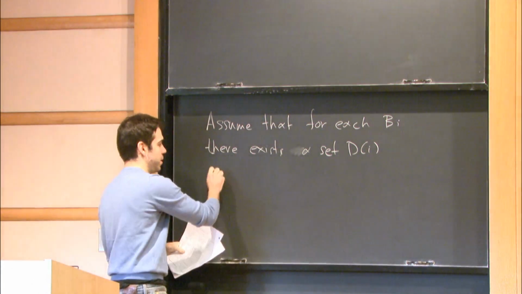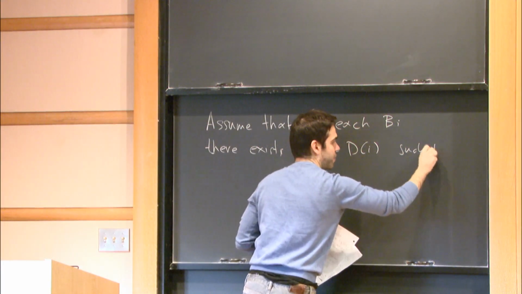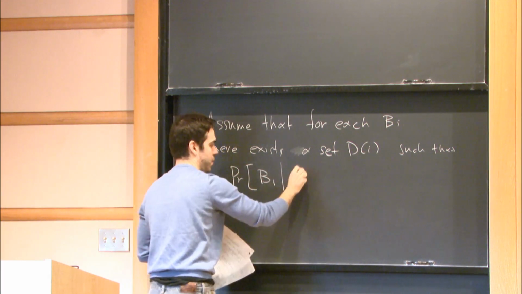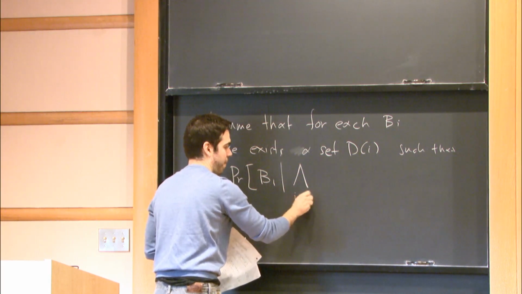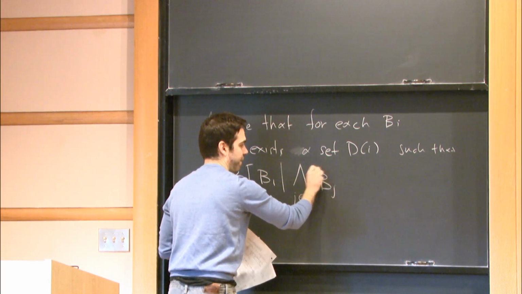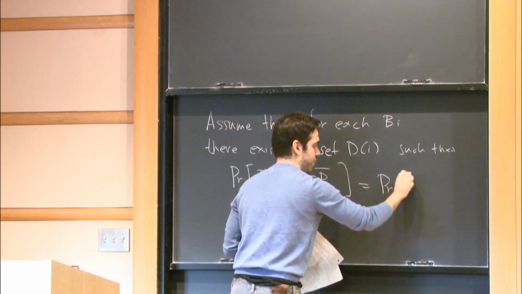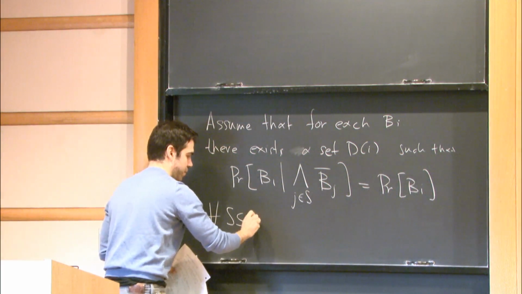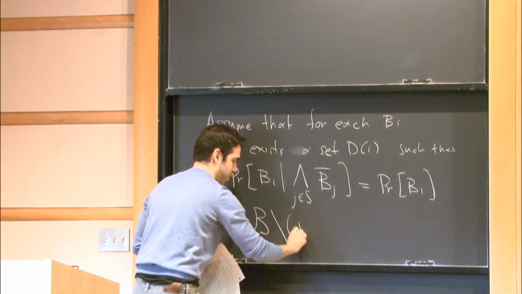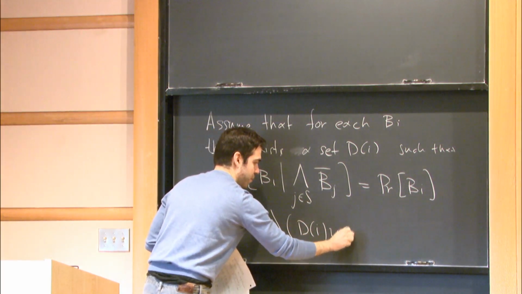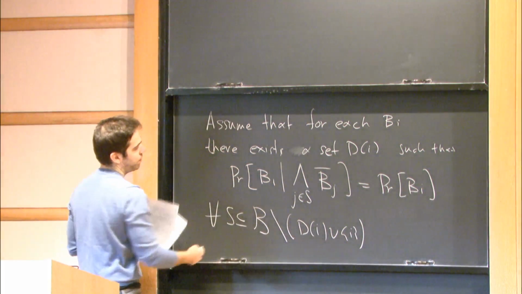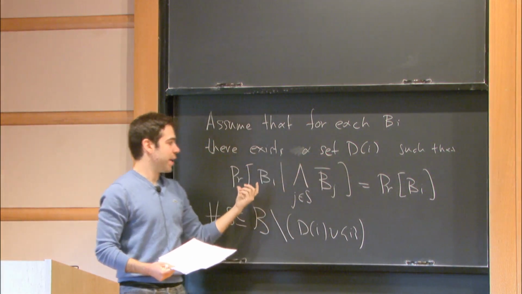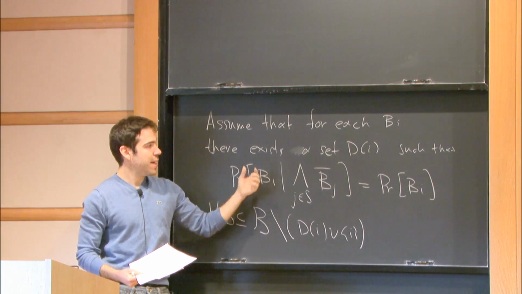So D_i here is a set of specific bad events that are related to B_i.